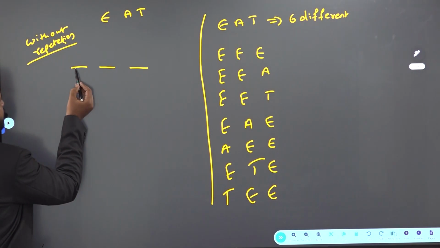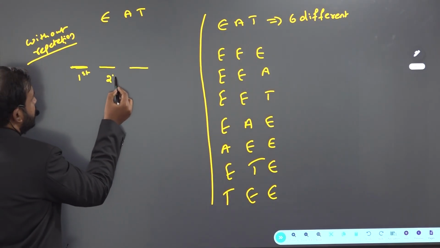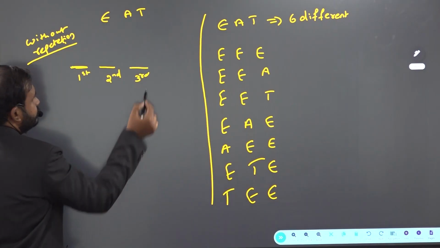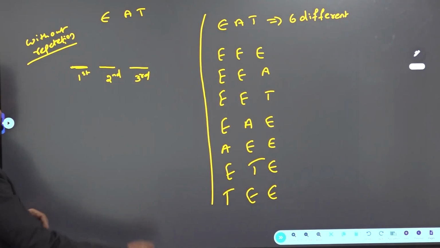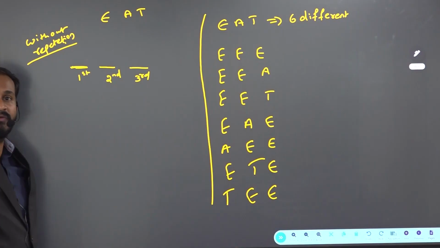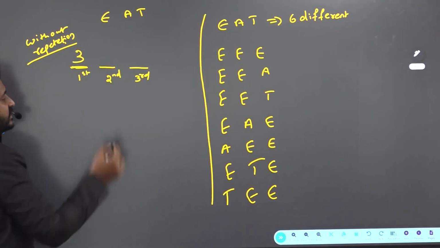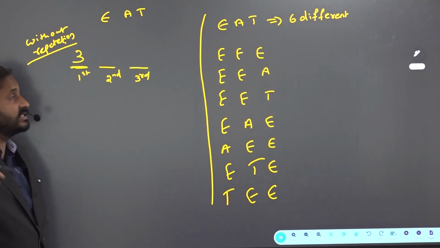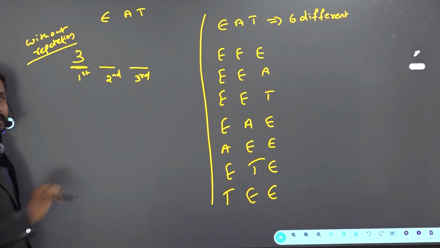So this is first position, second position and third position. For the first position, how many chances do I have? E, A, T. I can use any one of these 3 letters. So 3 chances to fill my first position. I can fill E, A or T.